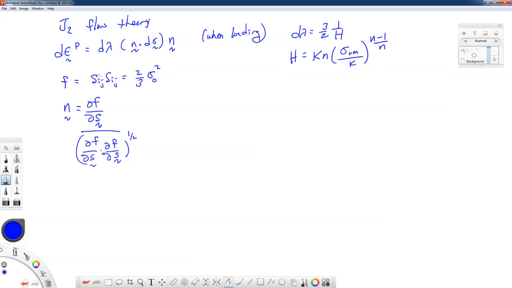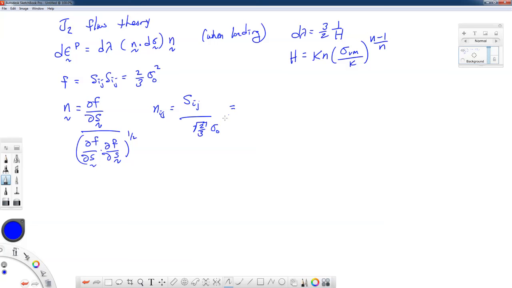This top portion for this particular yield criterion is Sij, and on the bottom goes the size of the yield surface, it's going to be the square root of that term.